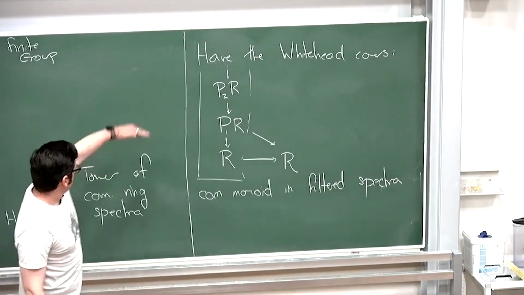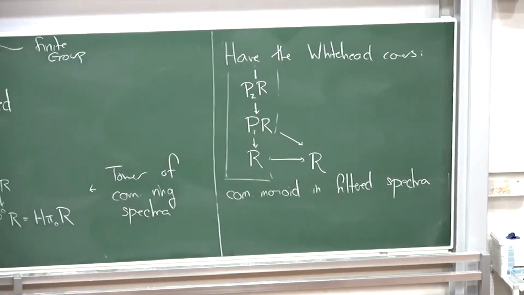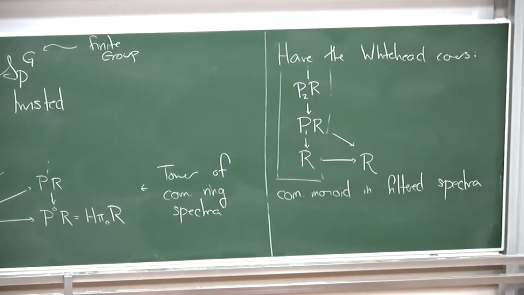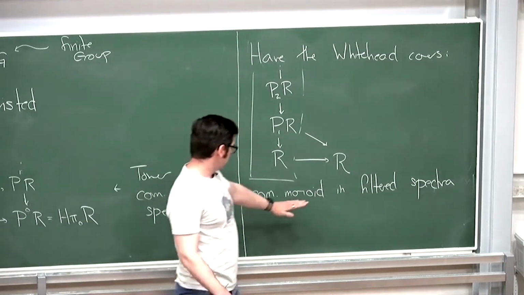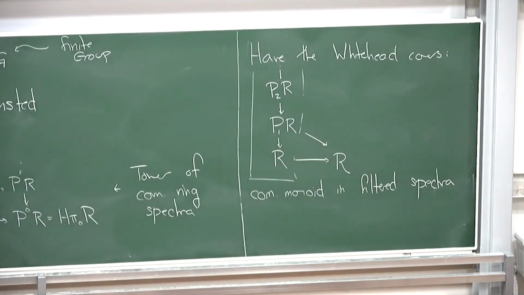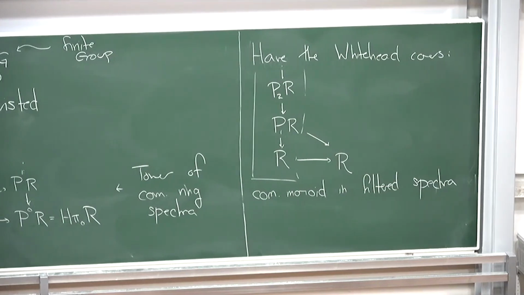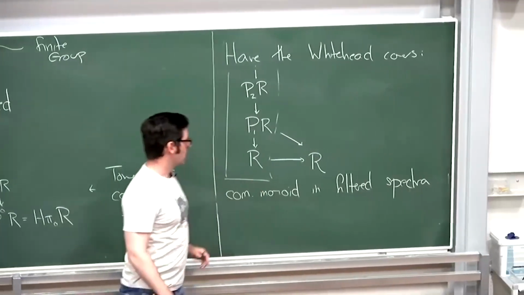So I have an obvious filtered spectrum here, where I'm thinking of it as just, say, a map from the integers op with the usual ordering into spectra. And I'm saying it's a commutative monoid. Well, the integers have an addition, and so I use the day convolution product for functors out of the integers into spectra. That endows filtered things with a symmetric monoidal operation, and I'm saying it's a commutative monoid there.